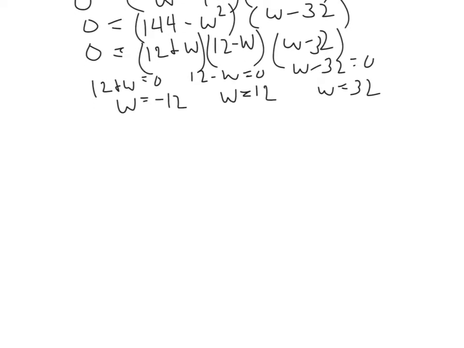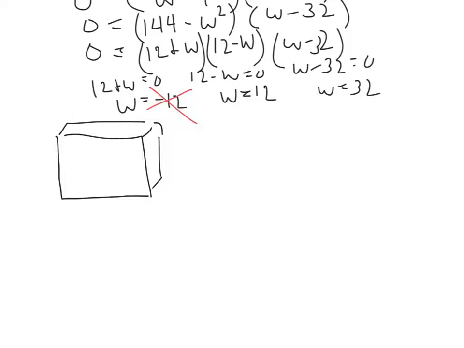First thing we need to ask ourselves is, can we have a width, or the W, as a negative number? Remember, the W would be this side dimension right here. So obviously the answer is no. We're going to throw that one right out. Can't have it as a negative.